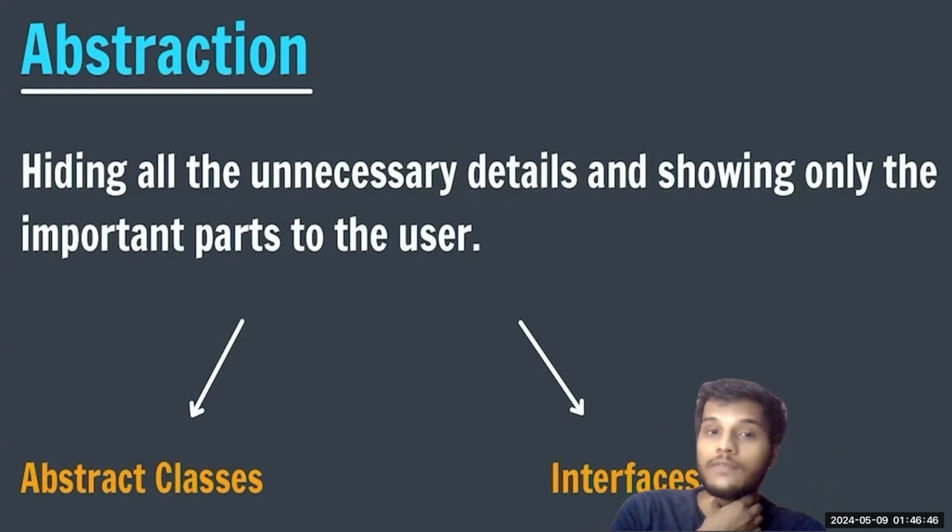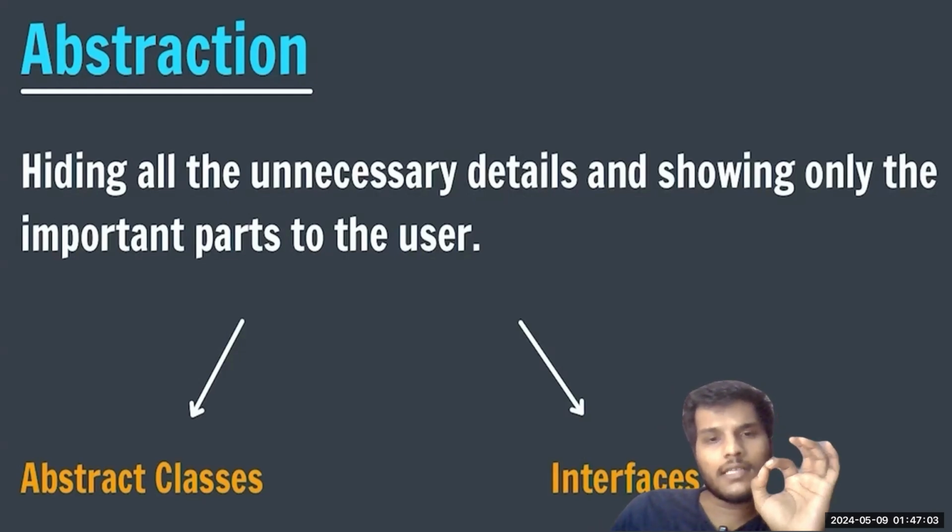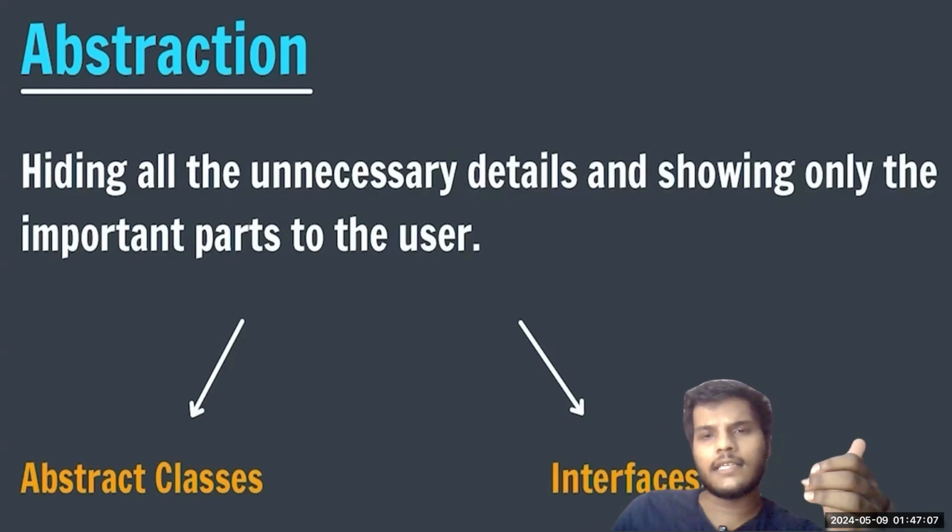So that was about abstraction. Now, for example, you have a TV room. You don't need to know the internal circuit in that remote, or what software algorithms are in the TV remote. You only need to know the essential buttons like power on, volume up, volume down, channel change.